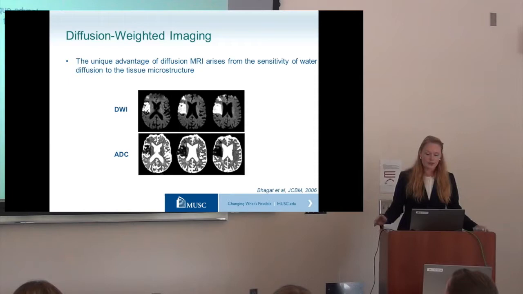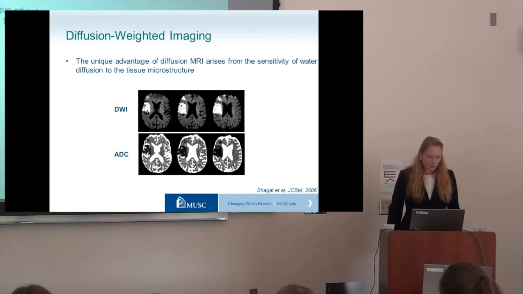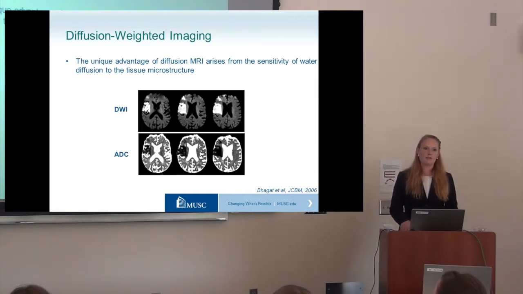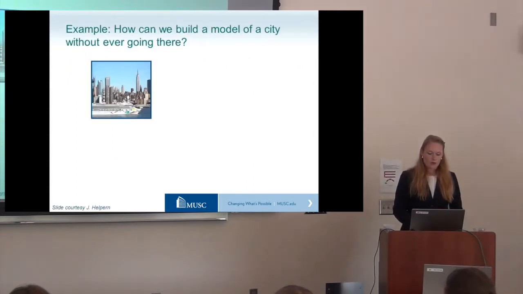The advantage of diffusion MRI comes from the technique being sensitive to the type of water diffusion, and so it's sensitive to the tissue microstructure. Before we go into more technical details, I want to give you a better feel for what that sentence means, so you can conceptualize what diffusion MRI is measuring. Imagine you want to build a model of a city without ever going there.